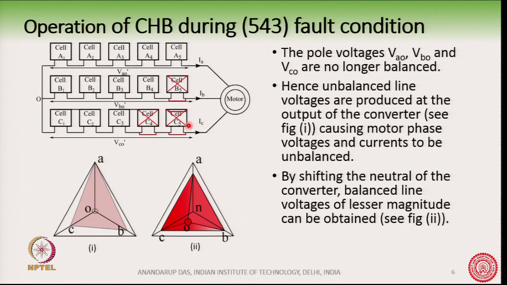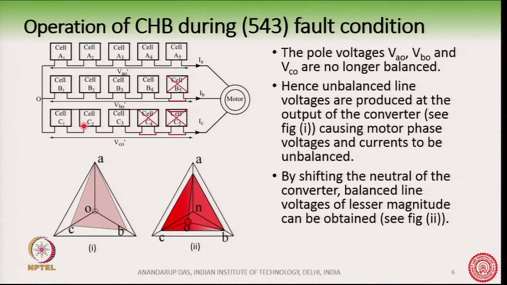Now, there is also another option which is possible, in order to get balanced voltage. Suppose you have lost two cells in C4 and C5, and you have three healthy cells in C phase here.